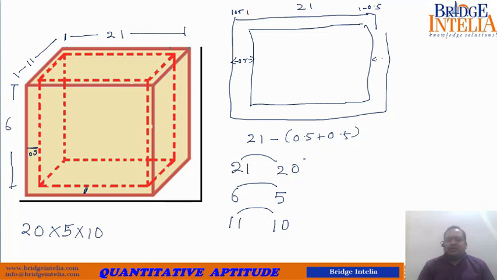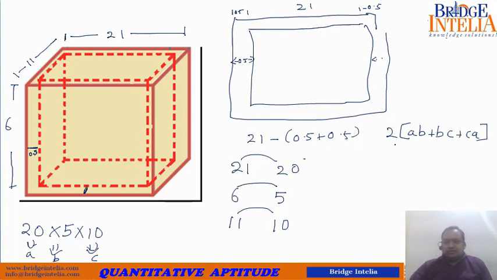So what is the total surface area that has been painted? If this is A, this is B, and this is C, then the total surface area painted will be equal to 2 times of AB plus BC plus CA.